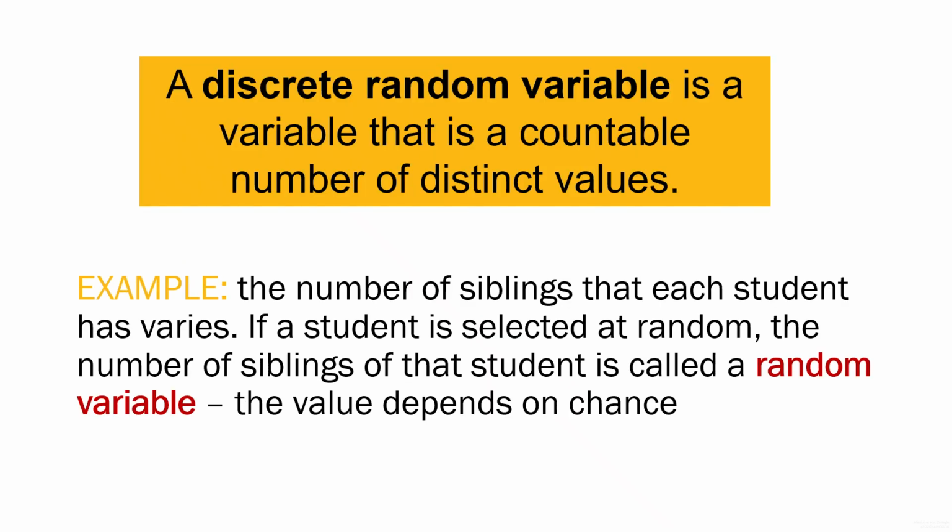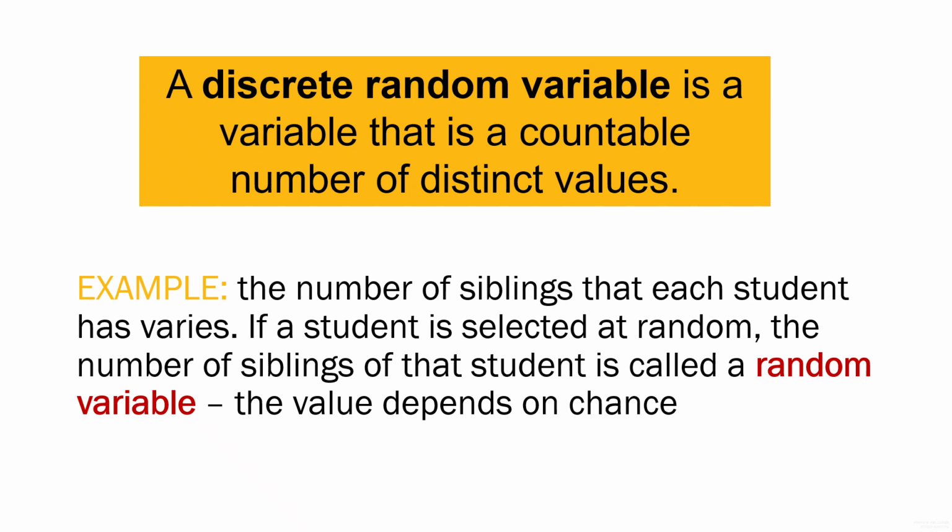And you've already learned about what a discrete variable is, which is something that is usually possible to be counted or listed. And of course, that leads us into our next definition, which is a discrete random variable. This is a variable that has a countable number of distinct values.